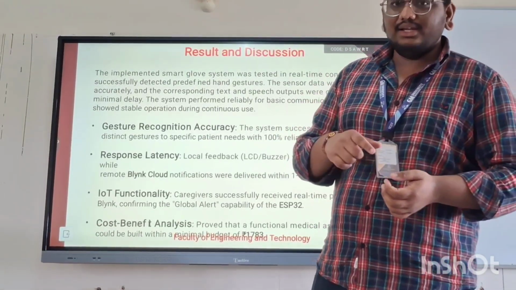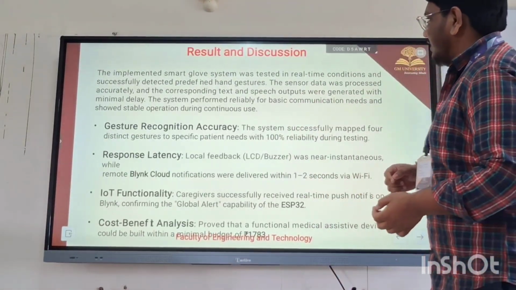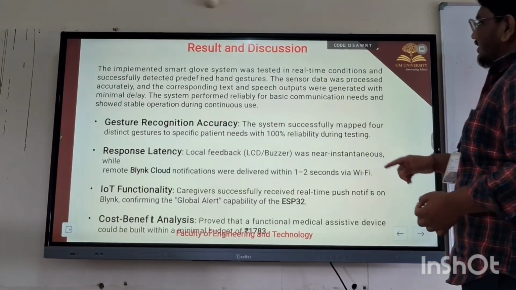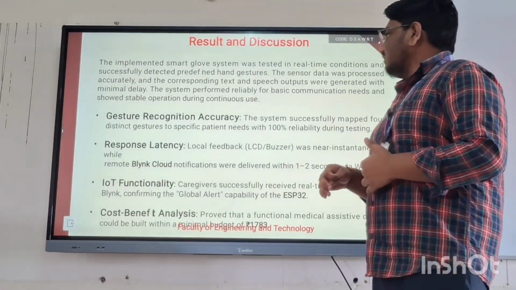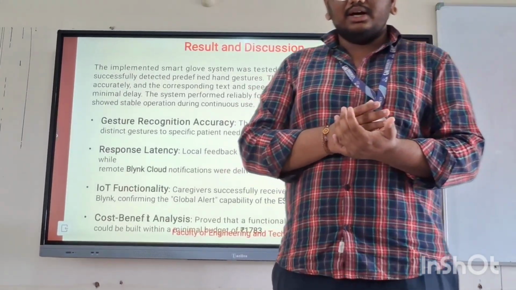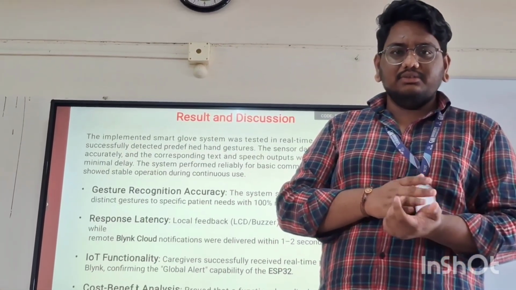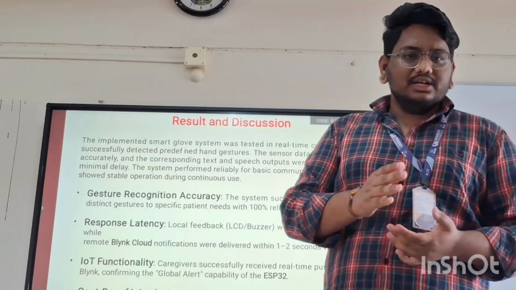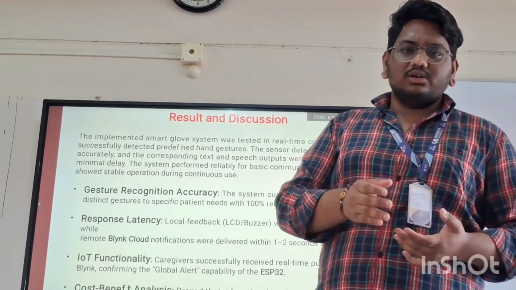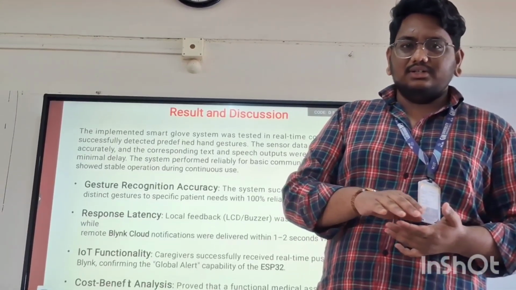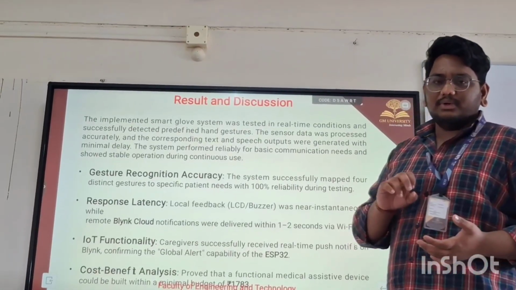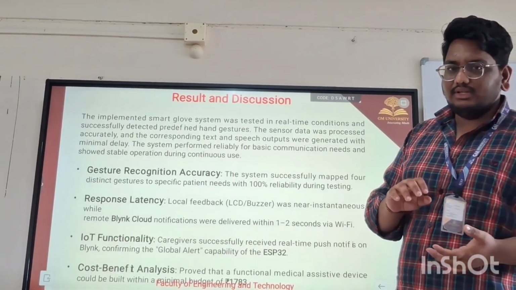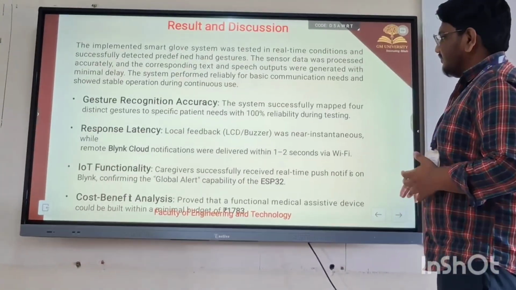Next, gesture recognition and accuracy: we got approximately correct answers. When we tilt to the right side, it will give messages like I want washroom or the respective things in the four directions. We use the X and minus X and Y and minus Y axes.